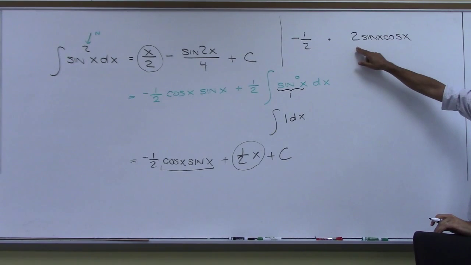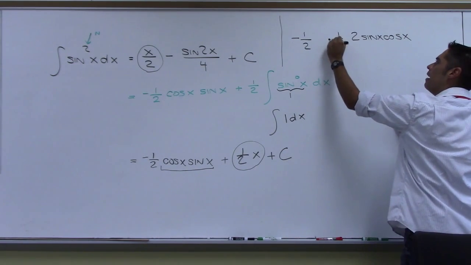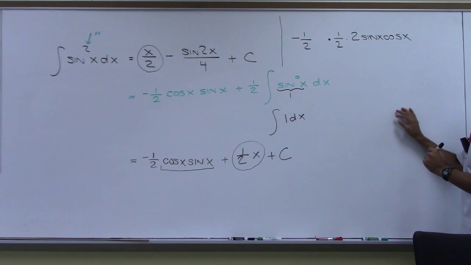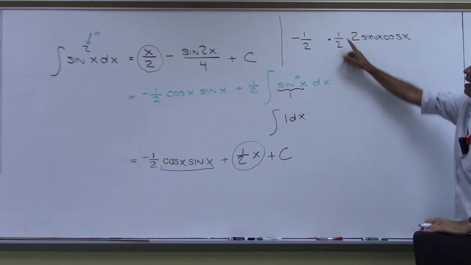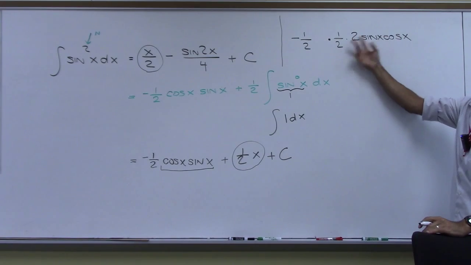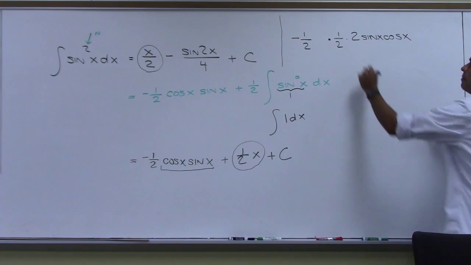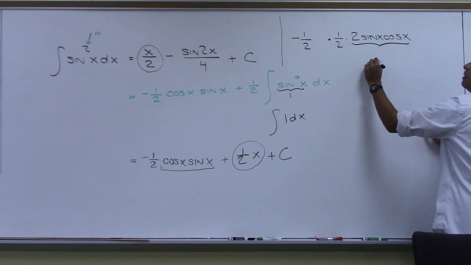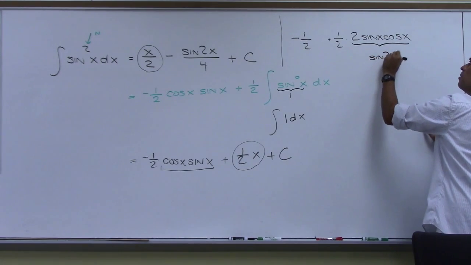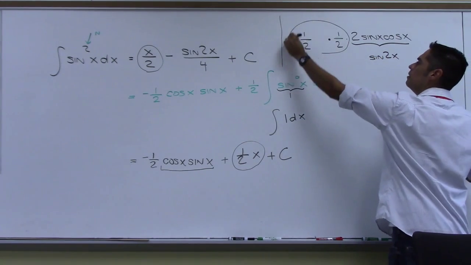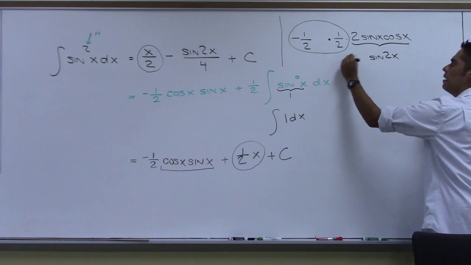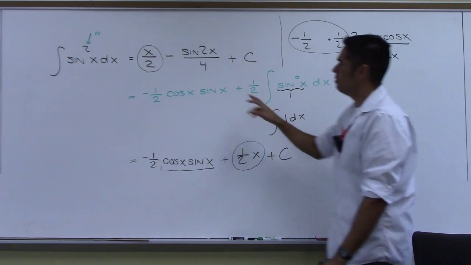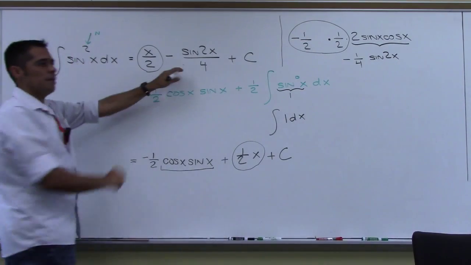What else would I have to do if I put a 2 here? I'd have to put a 1/2 in front of that. Isn't half of 2 1? And so I haven't really changed the problem. But what's this right here? Double angle, that's sine 2x. And then what's this right here? Negative 1/4. And so that's this, isn't it?